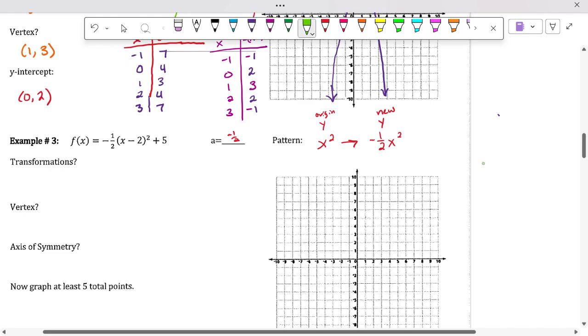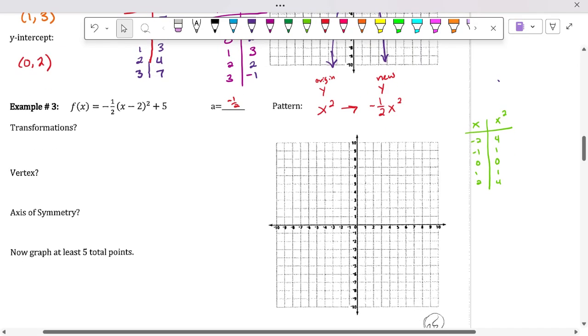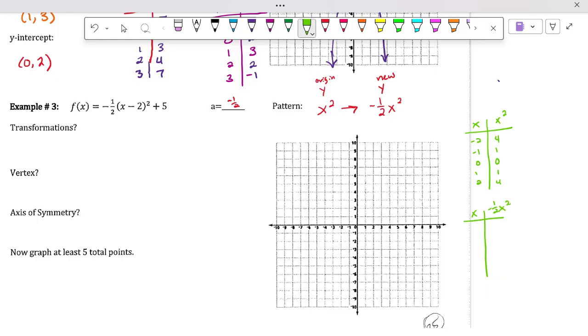All right, so just for reference, and you guys don't necessarily have to write this down, but still using my same table. If I multiply them by -1/2, okay, what's 4 times -1/2?